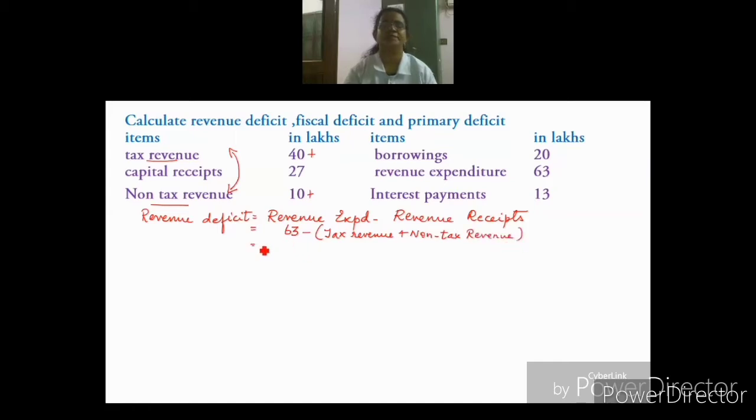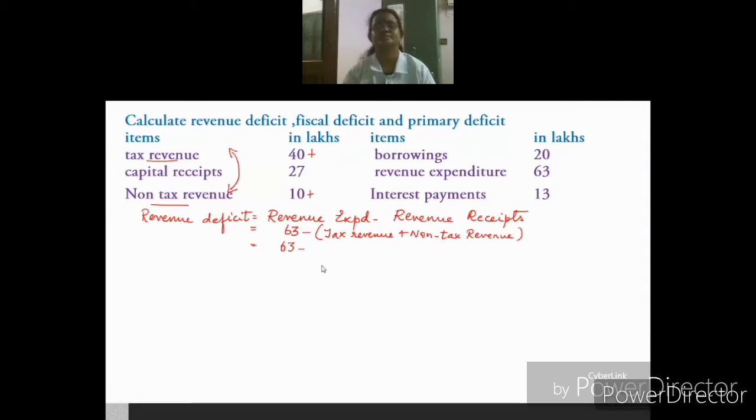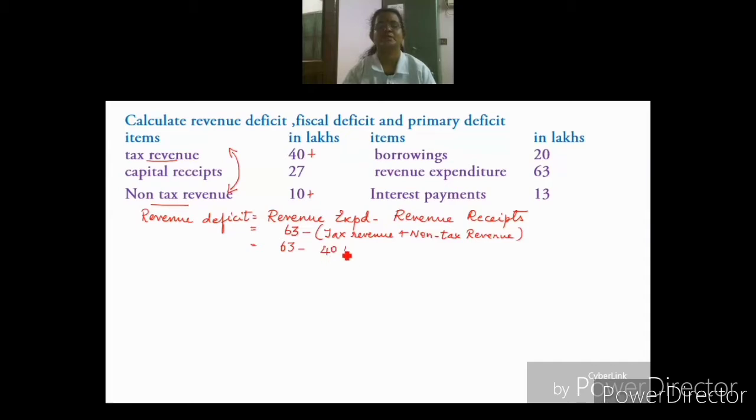So 63 lakhs minus tax revenue is 40 plus 10. So this comes to 63 minus 50, which is equal to 13 lakhs.